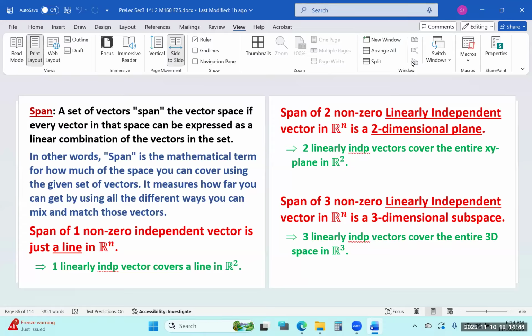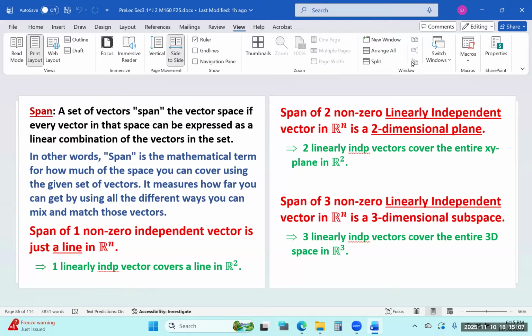So the span of three linearly independent vectors in R3 is the entire 3D space. That's why linearly independent vectors are very important. They tell us how much we can cover using those vectors.